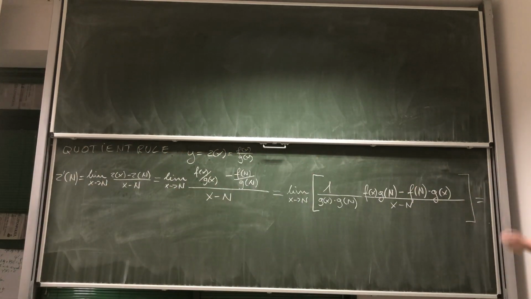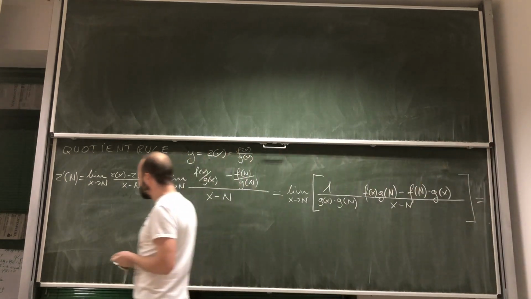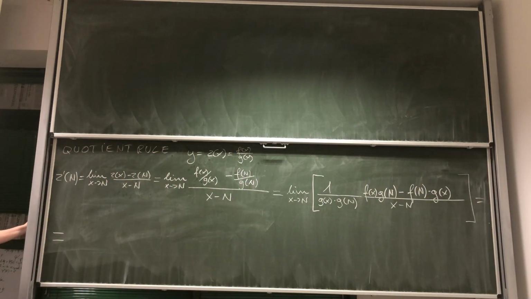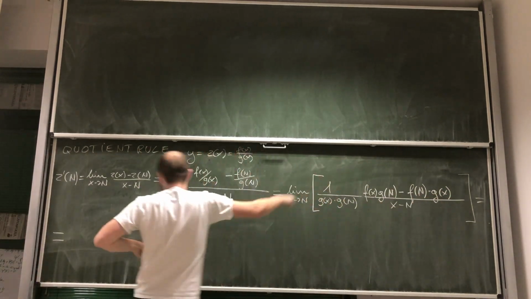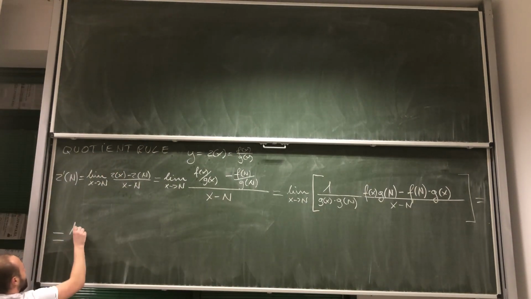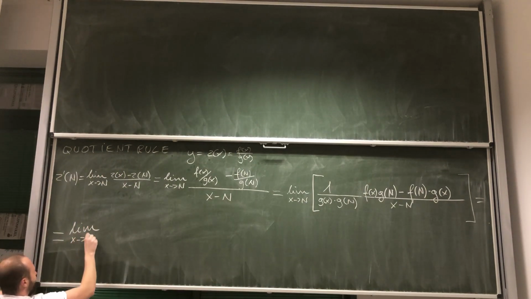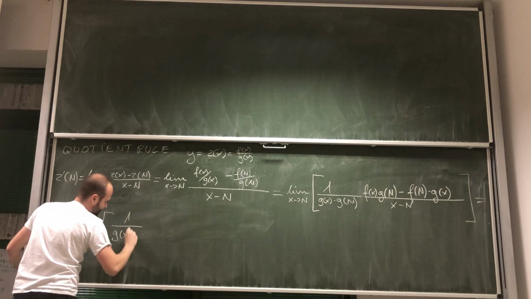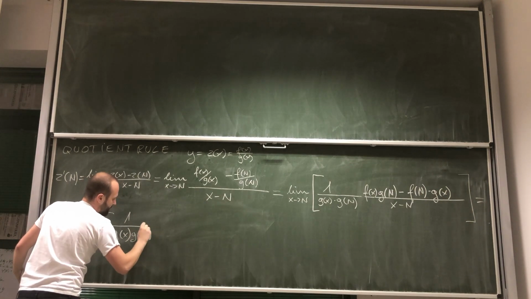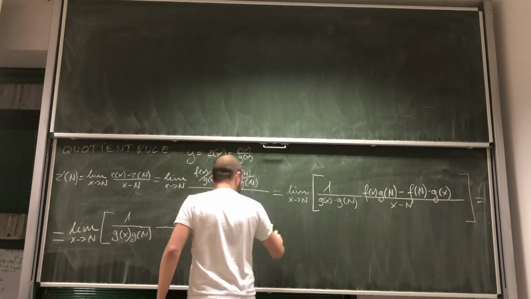But still, this is not enough. Again, I need to use the same trick I used before when we were dealing with the product. I'm going to add 0 to the numerator in this fraction. So this is the limit with x approaching n of 1 over g of x times g of n, and now we will have a very long fraction bar.